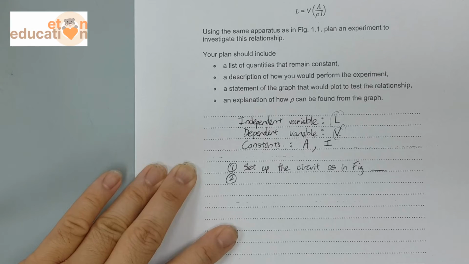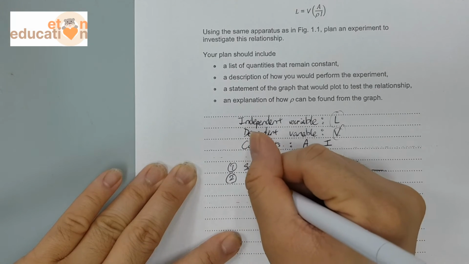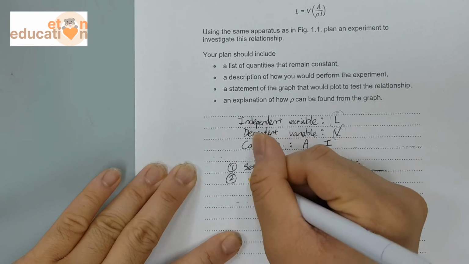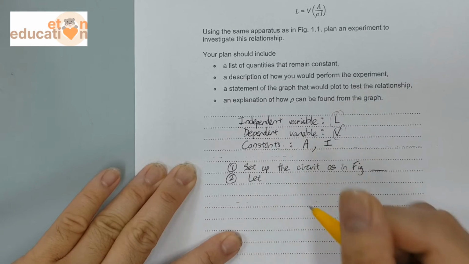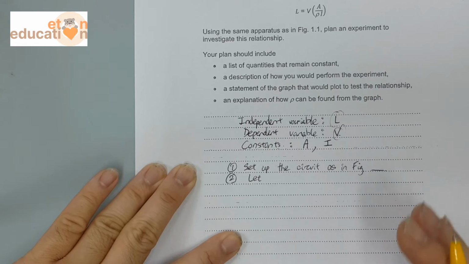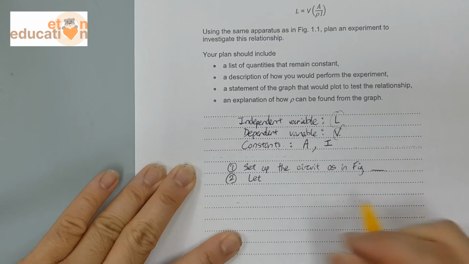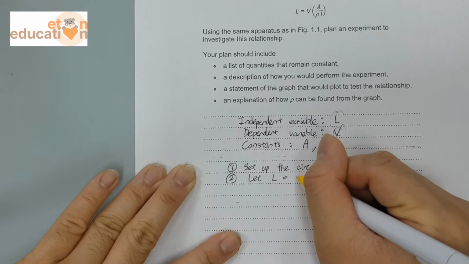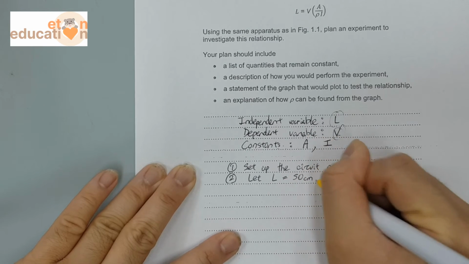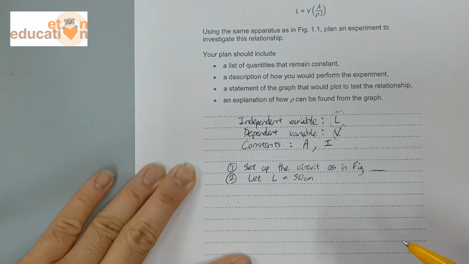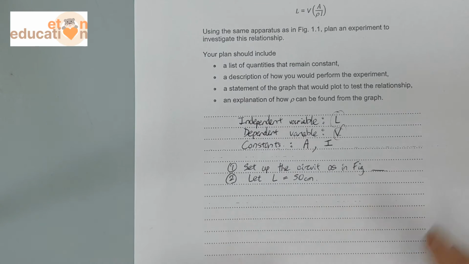Step 2: in this particular experiment, we can let L be set by the person doing the experiment. Sometimes you may need to measure instead of setting it. So let L equals 50 cm. This is just an example; for different experiments the values can be different, so use your own judgment.